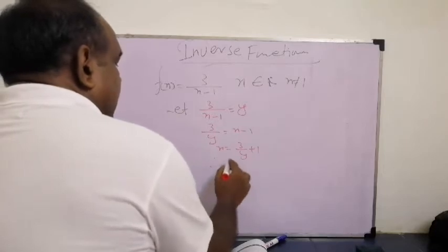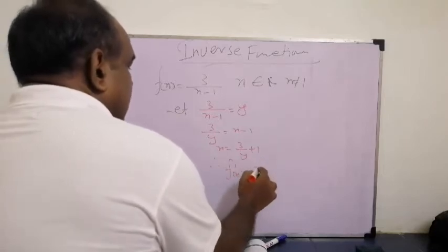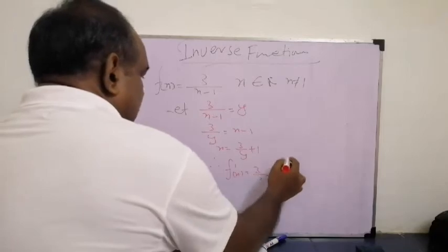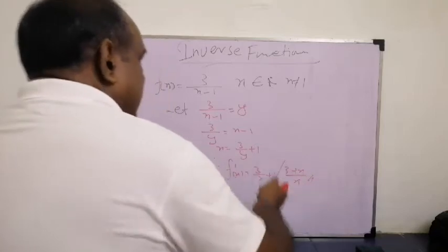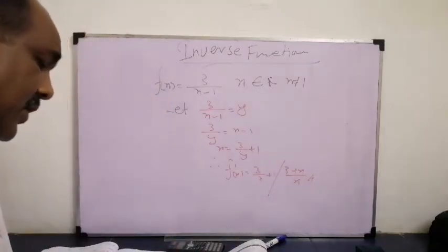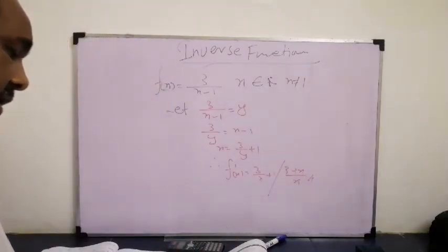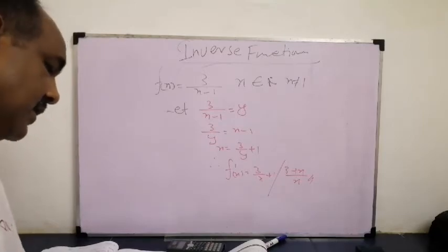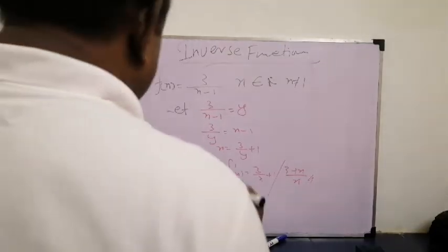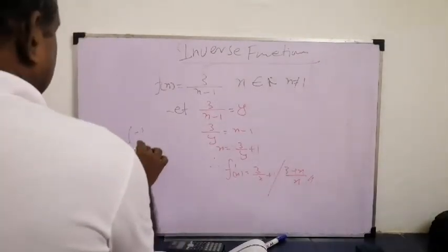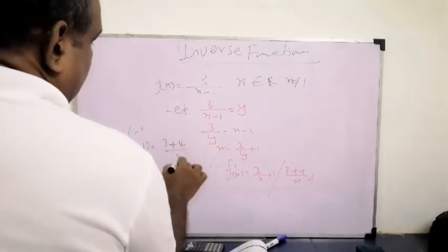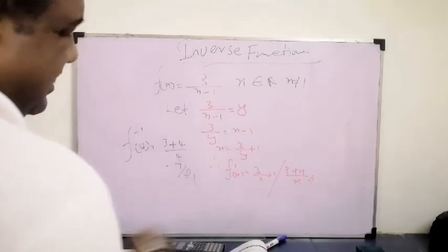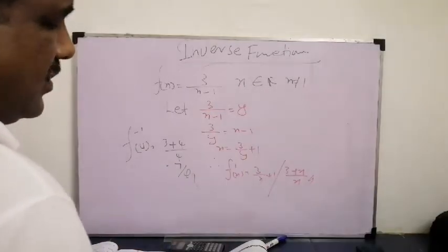So when you write it, the inverse of x is 3 over x plus 1, or else 3 plus x over x also. Both are the same. You all know, guys, I don't need to explain all those things. When they want you to find the inverse of 1 or the inverse of 4, for example, if given, you will say 3 plus 4 over 4, 7 over 4 you will write. Whatever value is given, you'll know how to do that.